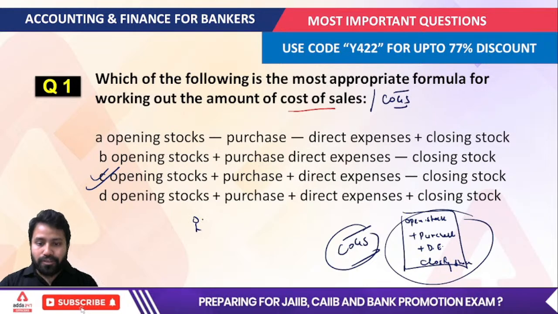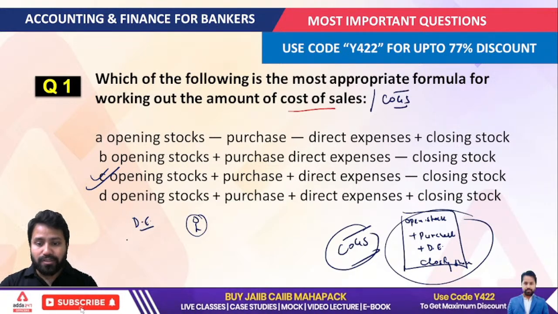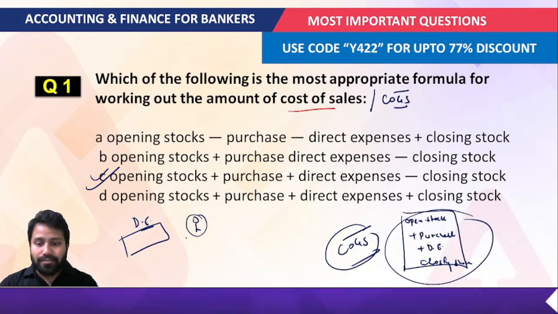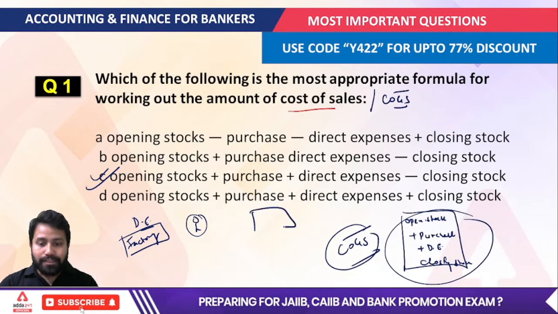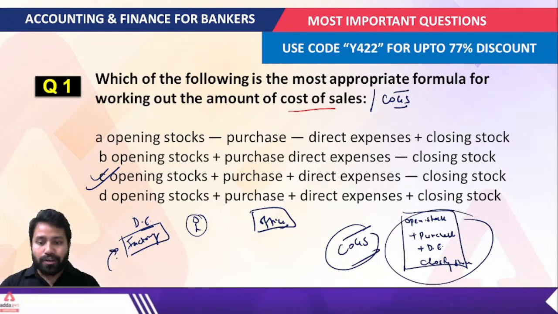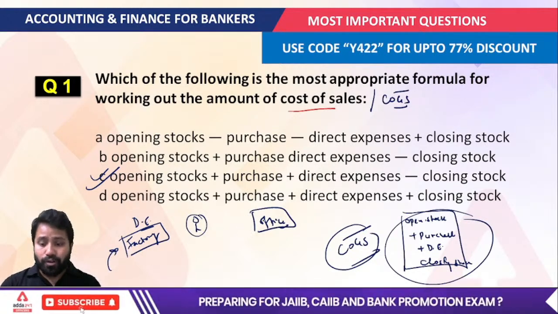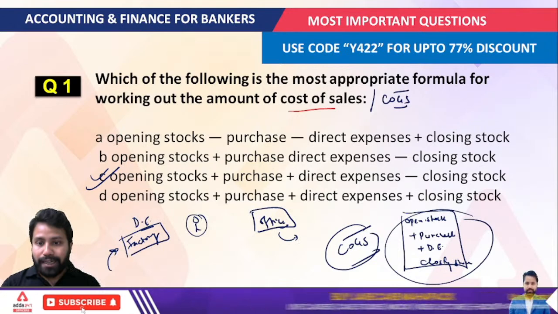Whenever you get confused in the examination about what are direct expenses and what are indirect expenses, always understand this. This is you, this is your factory, and this is your office. Whatever expenses are incurred at the factory level are considered direct expenses, and whatever expenses are incurred at the office level are considered indirect expenses.